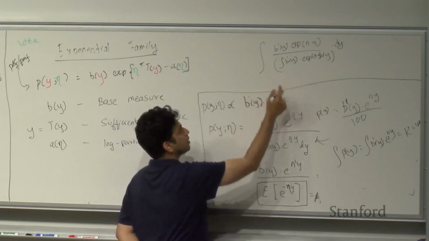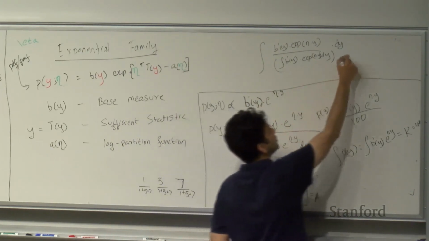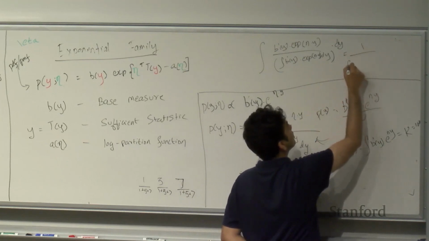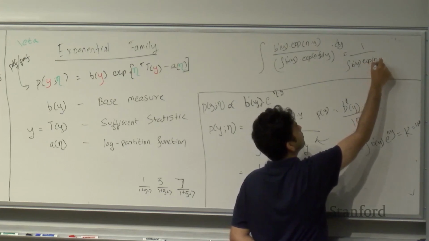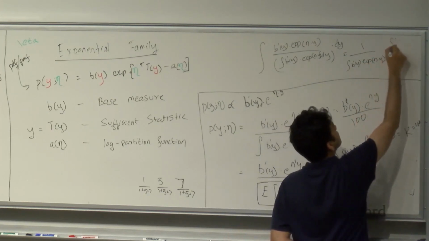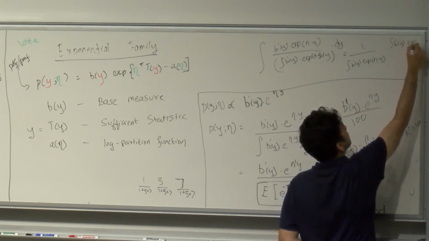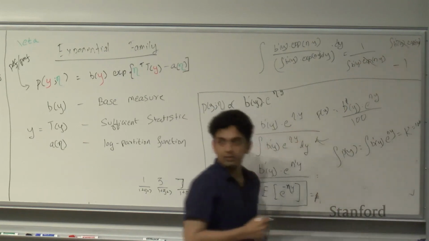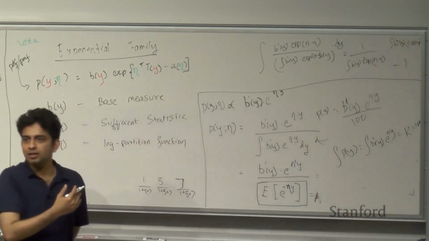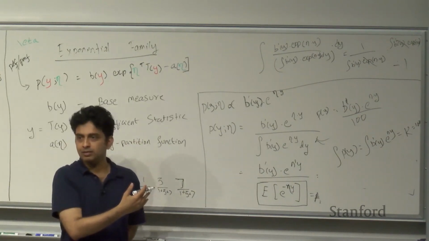Now, this entire denominator is just a constant, and this will be equal to 1 over the integral of b prime of y times exp of eta times y, times the numerator, which is the integral of the same term, and you just cancel them and it equals 1. Right? You're just normalizing it such that the integral is always 1. Does that make sense? Yes, question.